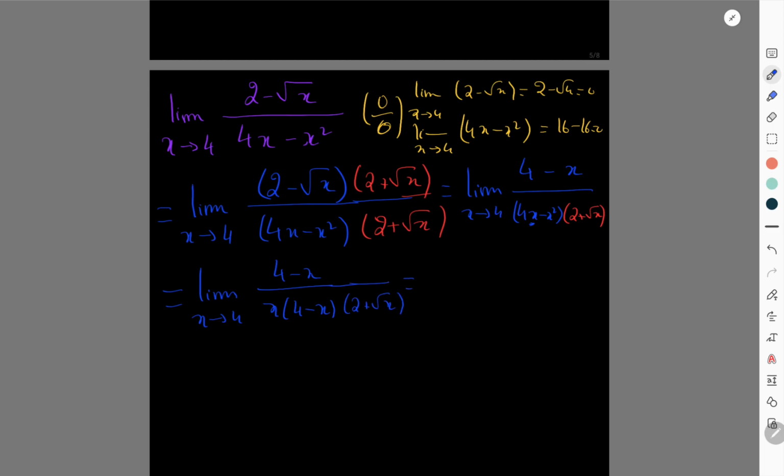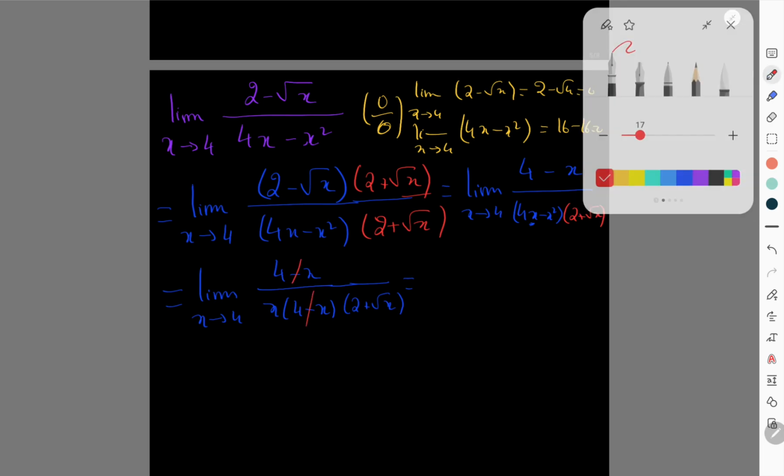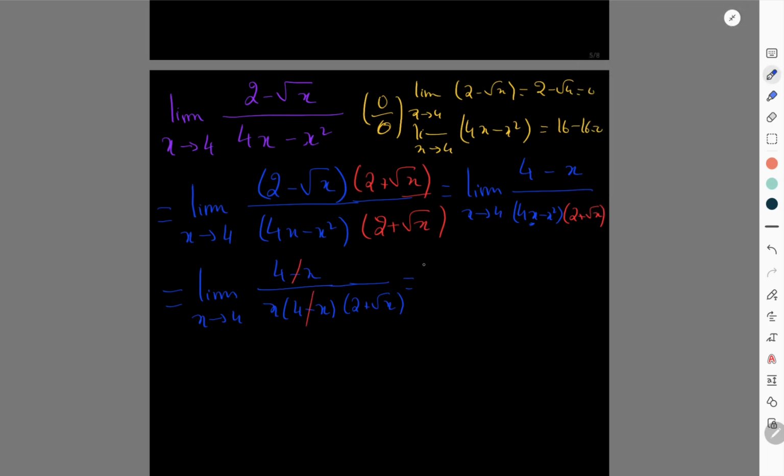And then what do we get? Well, the 4 minus x goes away; I can cancel that out. And then what am I left with? I'm left with the limit as x approaches 4 of 1 over x times (2 plus root x), which can simply be evaluated by plugging in 4 for x. So I get 1 times 4, 2 plus 2 is 4, 1 over 16.